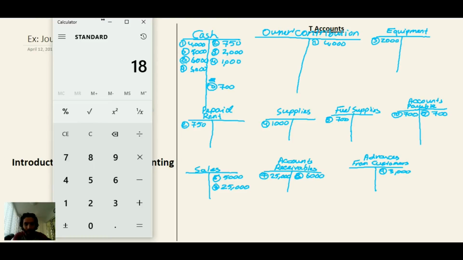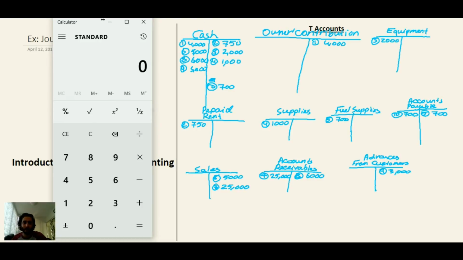We will reduce it by the credit, the outflow of cash. So we paid 750, then 2,000, then 1,000, then 700. So we have on cash $13,550. If we need to know any account balance, we can just sum the debit side minus the credit side, and we will know the balance of this account.